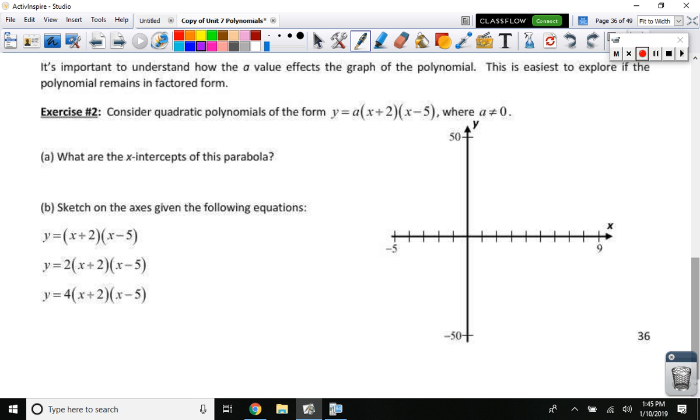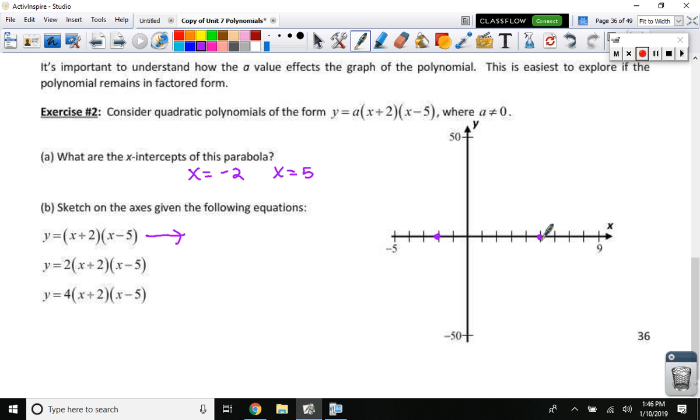This is also review. What are your x-intercepts for this parabola? -2, +5, right? They wanted you to sketch this graph. Okay, what things do I know about this graph? So the roots are at -2, +5. Know that.